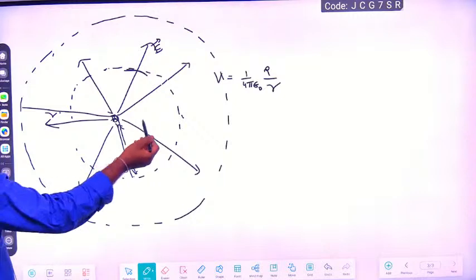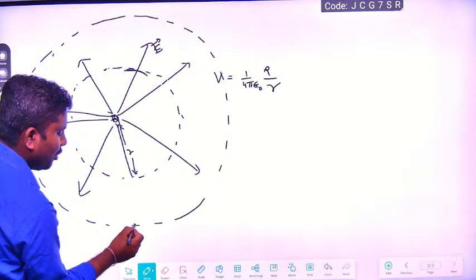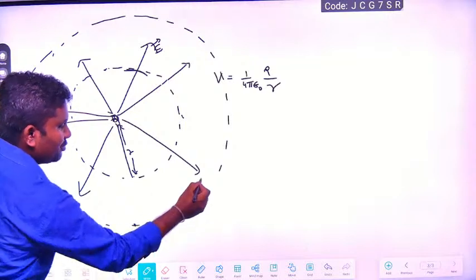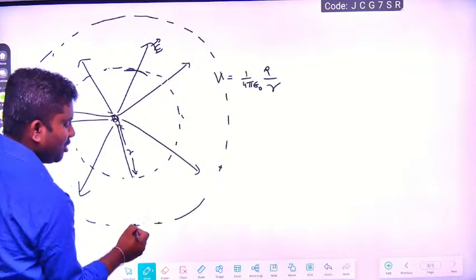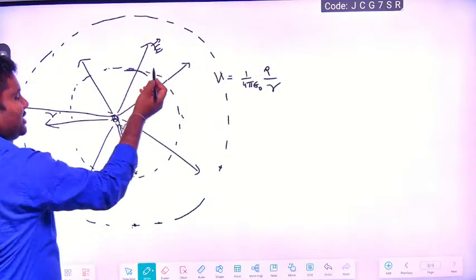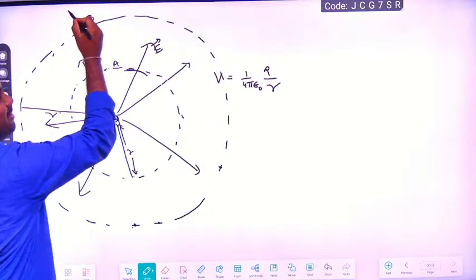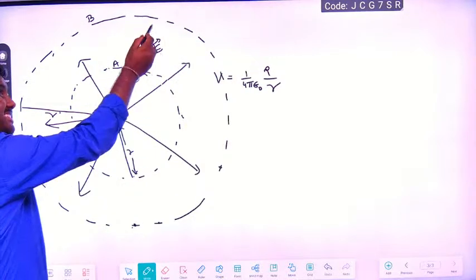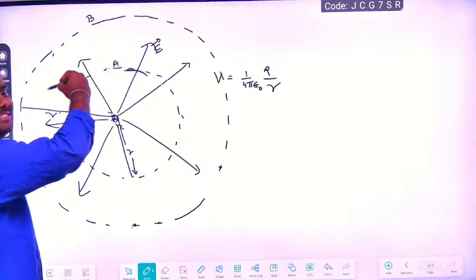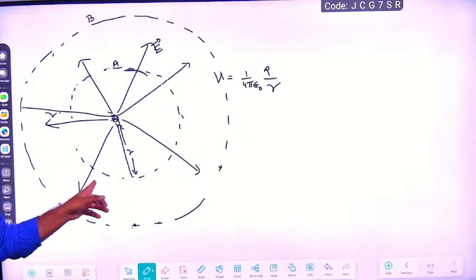Now if you want to move a charge from one point to another point, how much work do you need to do? This equipotential surface I name A, and this one I name B. The distance of each point on that surface is the same, R dash.